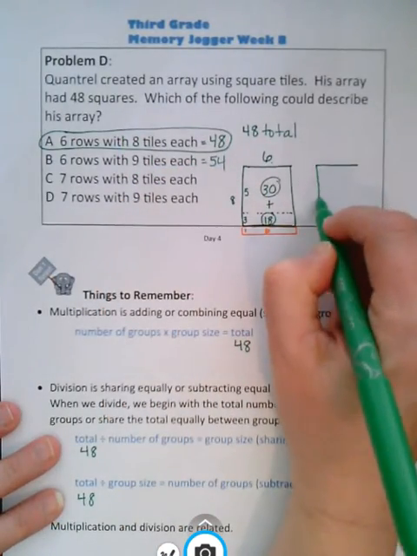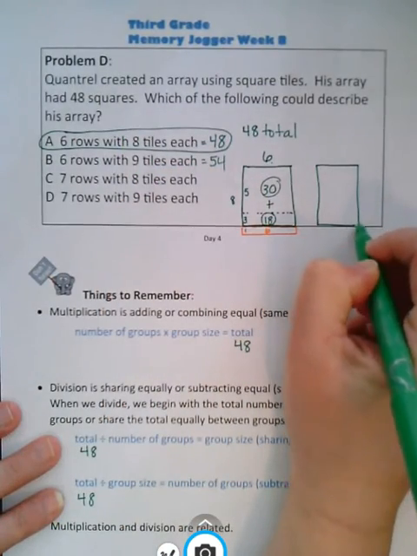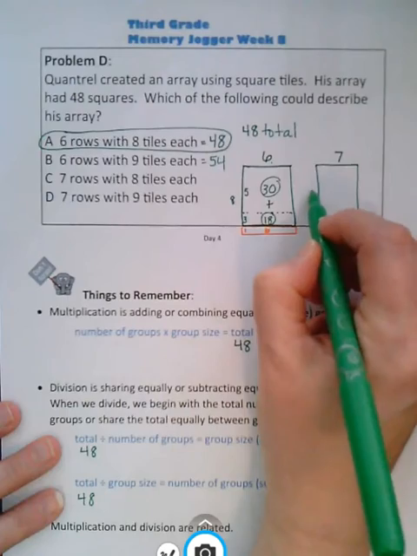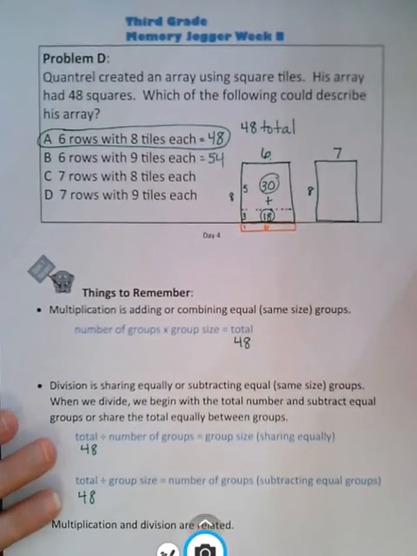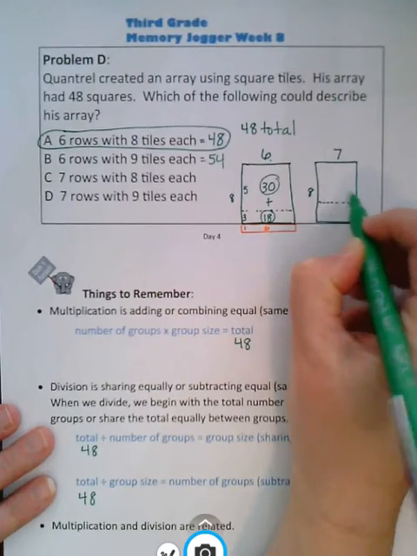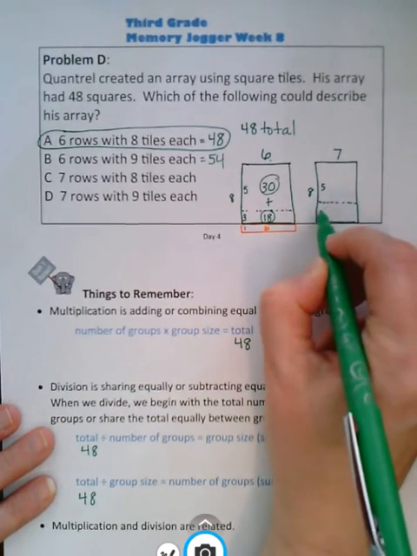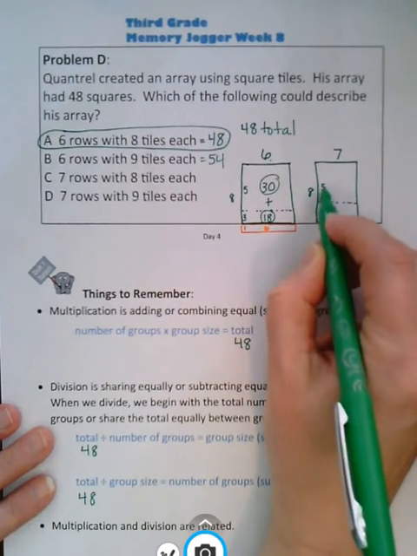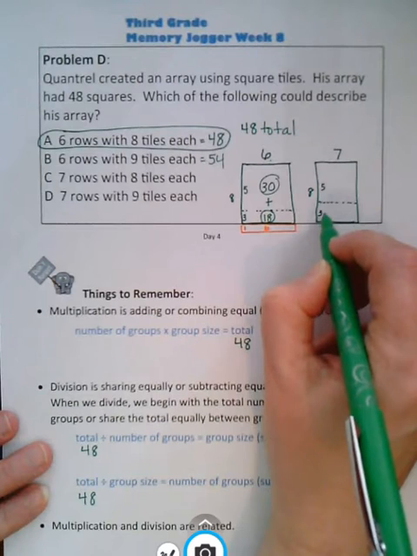I'm still trying to get 48. But what if I had 7? Now again, what if I tried to figure that out with 8? It's still easier to think about that as 5 groups and then 3 more groups. Or 5 rows and then 3 more rows.